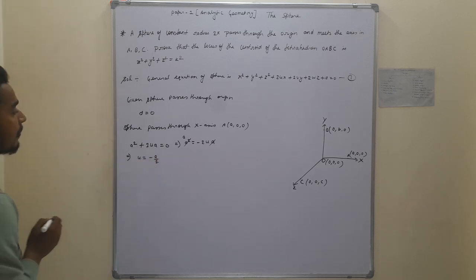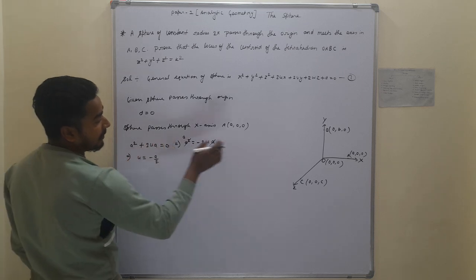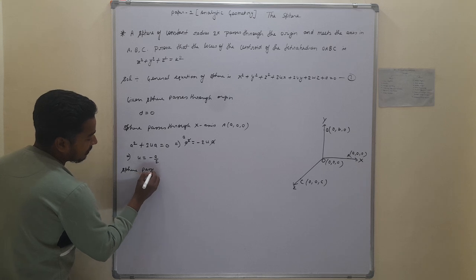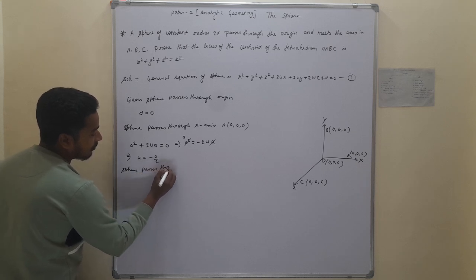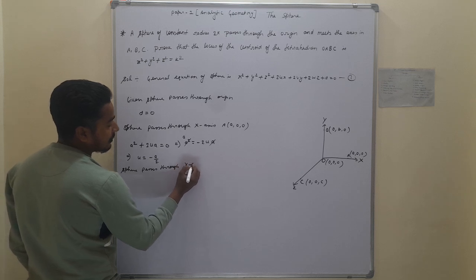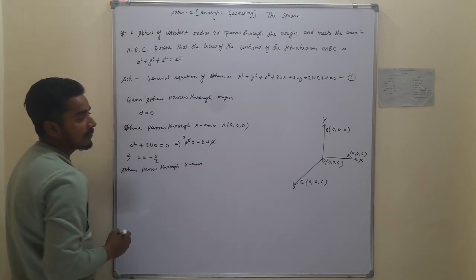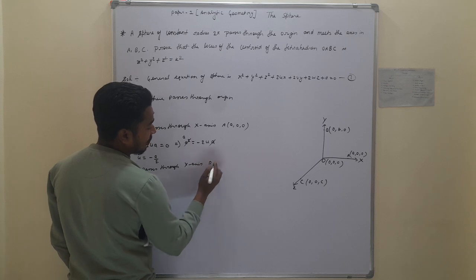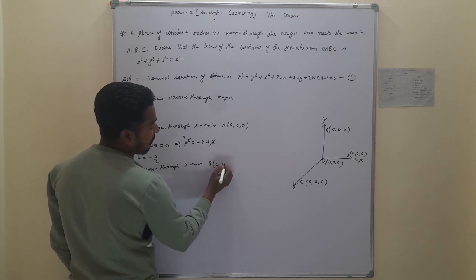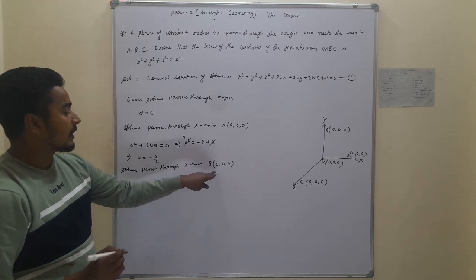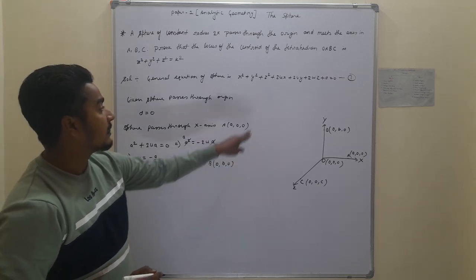Further, the sphere passes through the y axis. The coordinates on the y axis are 0, b, 0. In the given sphere we put x is 0, y is b and z is 0.